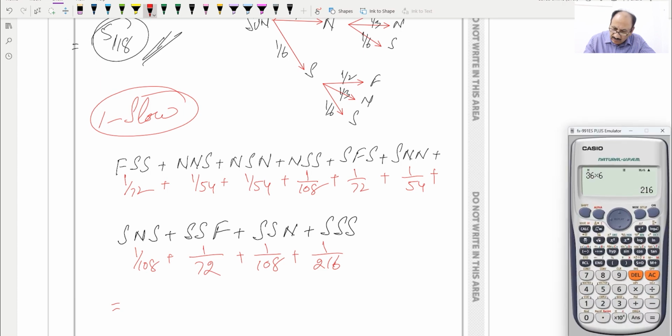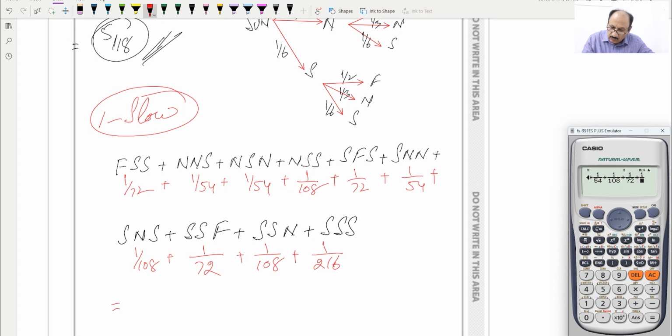So we can write it as 1 over 72 plus 1 over 54 plus 1 over 54 again, and then plus 1 over 108 and then plus 1 over 72, and next will be plus 1 over 54 and plus 1 over 108, and next will be plus 1 over 72 plus 1 over 10, I think so, limit of calculator is over.